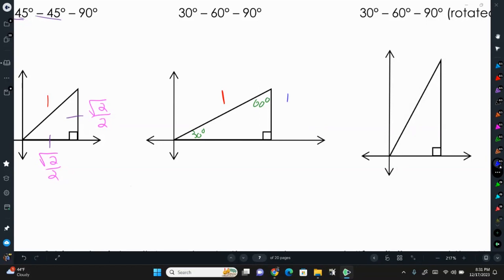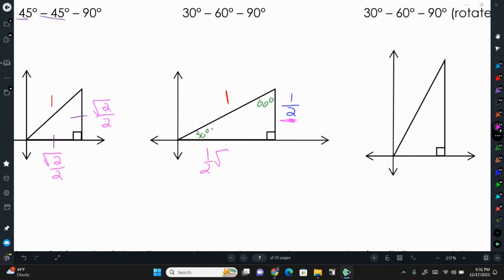Well, that makes this easy. 1/2 of 1 is just 1/2. And then the rule was take the smallest side here and multiply that by the square root of 3. Well, 1/2 times the square root of 3 is just the square root of 3 over 2. So these would be your side lengths of a 30, 60, 90 triangle.